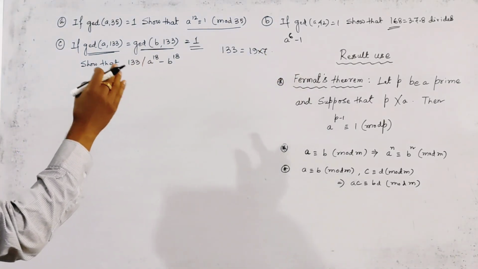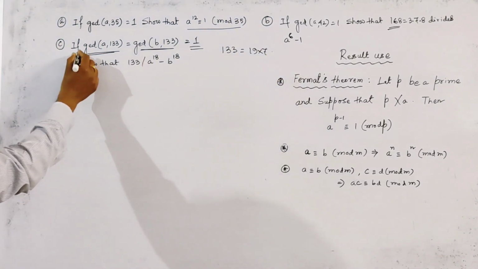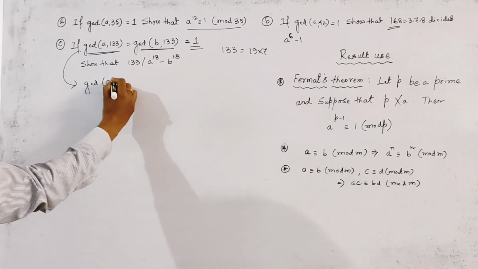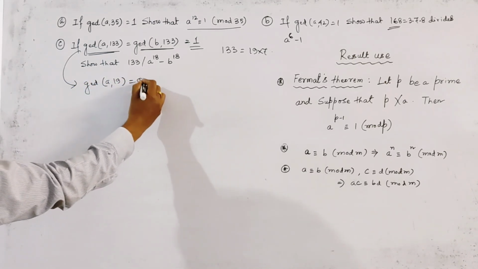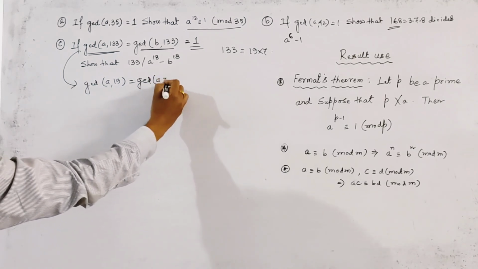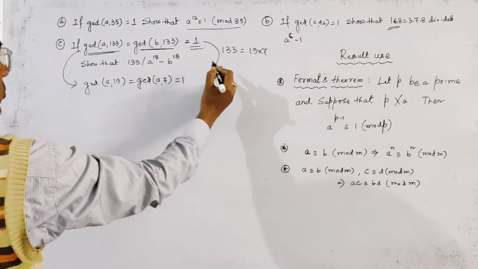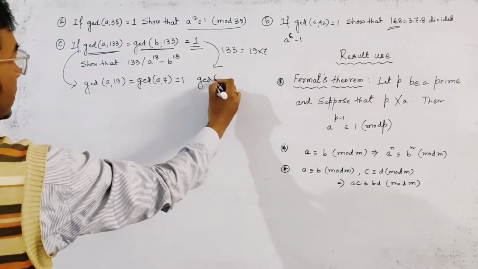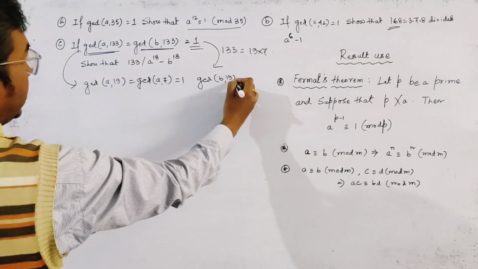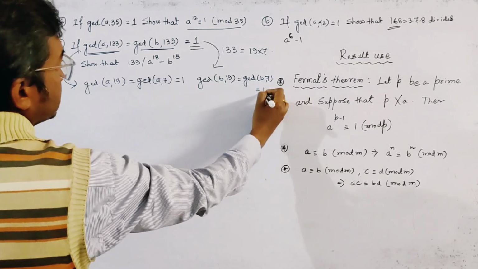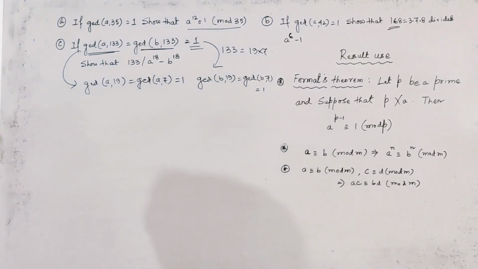So by using a similar argument, we can write GCD of a, 19 is equal to GCD of a, 7, which is 1. And similarly, GCD of b, 19 is equal to GCD of b, 7, which is also equal to 1.